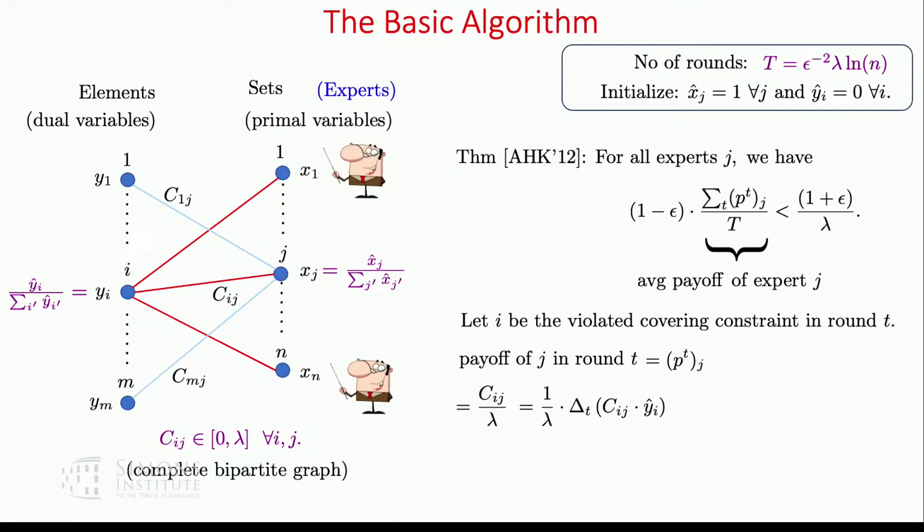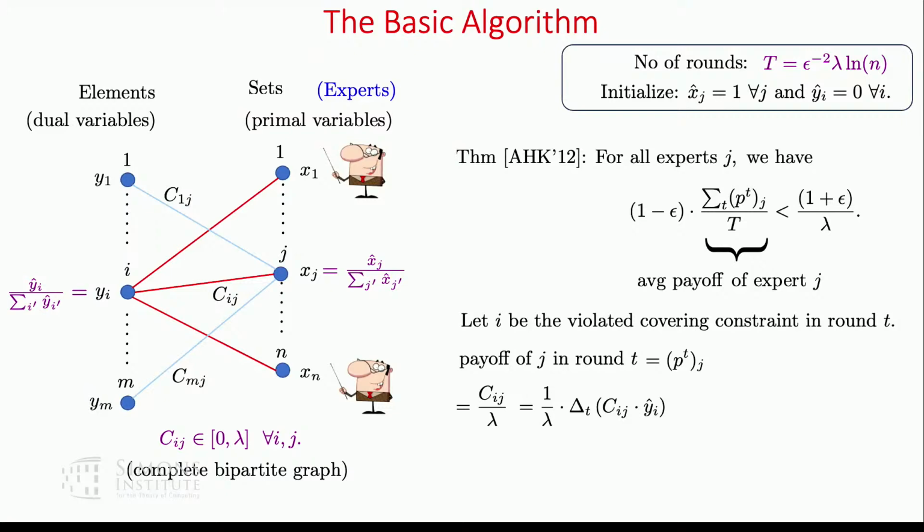And now we just observe that this is the reason why we additively increased the dual weight yi by 1 in that round. We observe that this term Cij times the dual weight, actually this increase is exactly equal to Cij, because yi hat we increased additively by 1.